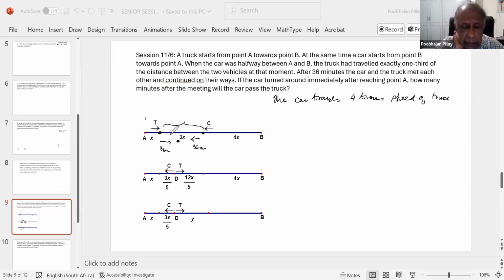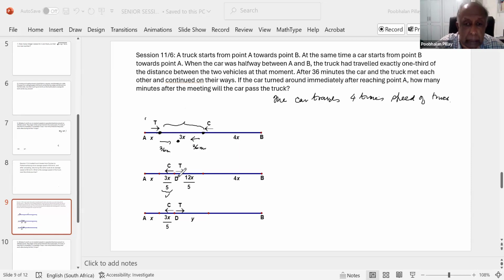They meet when the ratio of the distances that they have traveled is 4:1. So in other words, you got 1 unit this way, you got 4 units this way, there are 5 units altogether. So this truck would have traveled the whole distance 3x/5. That's what I got here, right?